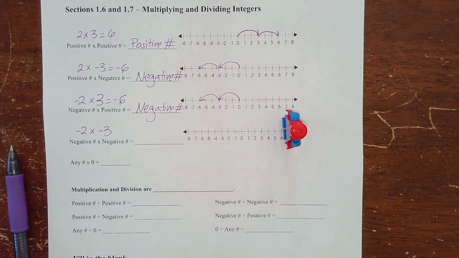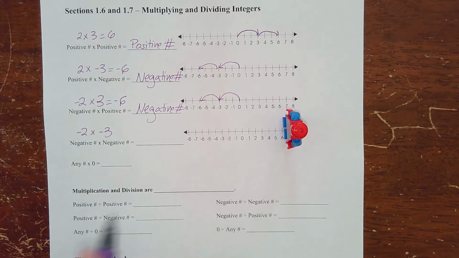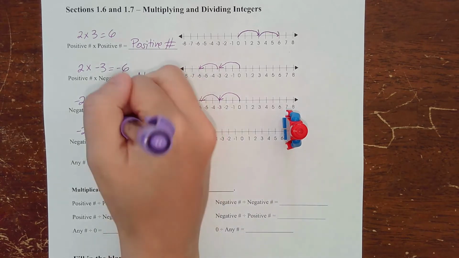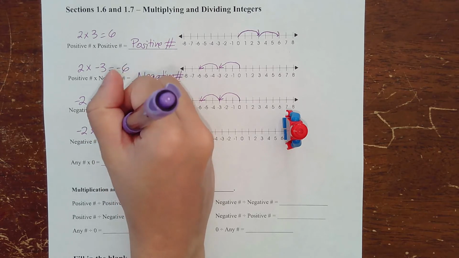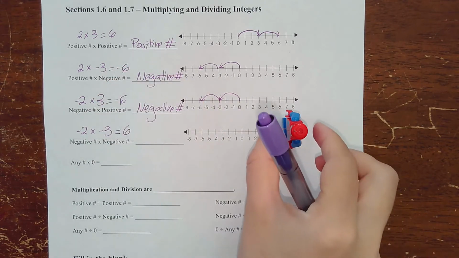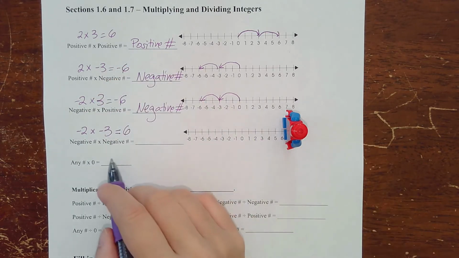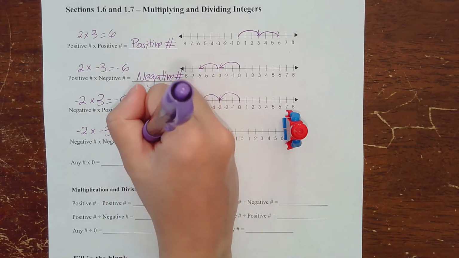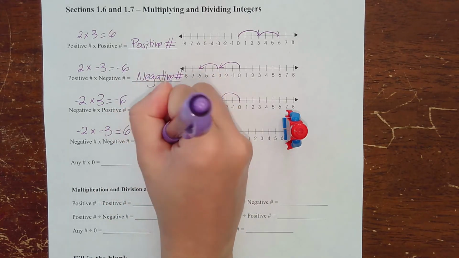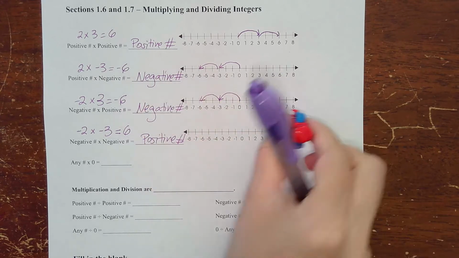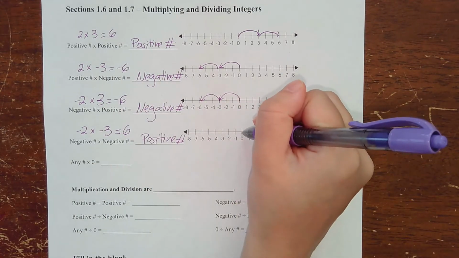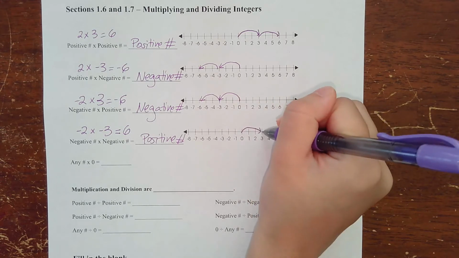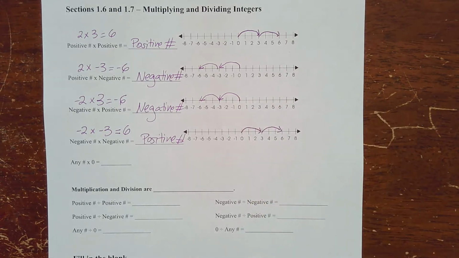And since he's facing the negatives and hopping backwards, he actually ends up in the positive direction. So negative 2 times negative 3, he landed at positive 6. So that's why a negative number times a negative number equals a positive number. Because what's happening is that they're facing the negatives, but they're hopping backwards. Once, twice. So that's what these all look like.